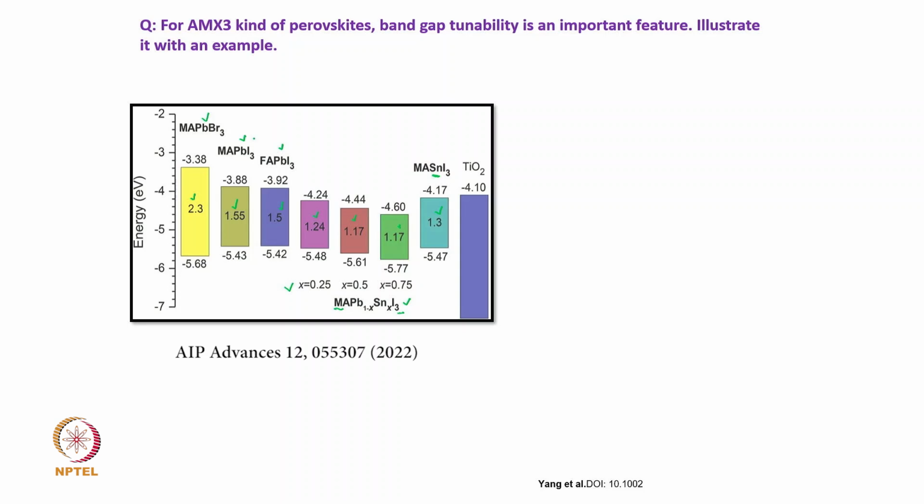So, you compare this one and this one, here the difference is this metal. Lead is replaced by tin, and when we look at the band gap of MAPbI3, we see that the band gap is 1.55 electron volt, but when we look at this MASnI3, that means lead is completely replaced by tin, the band gap becomes 1.3 electron volt.